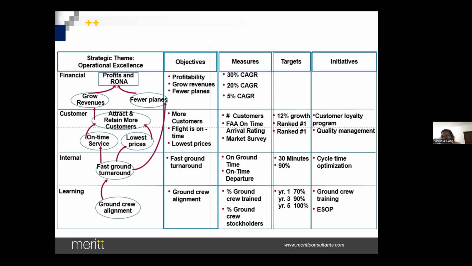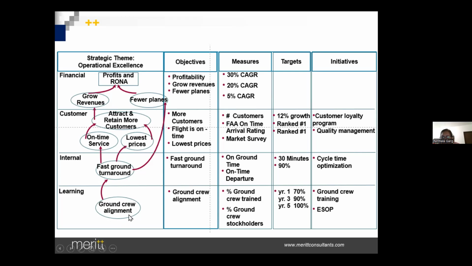Why? They want to reduce the turnaround time, and within 10 or 15 minutes, whatever is the target, they want the flight to take off again. So, does it happen just like that? No. You have to have teamwork: ground staff, people on board, and also maintenance people. Everybody is running around.